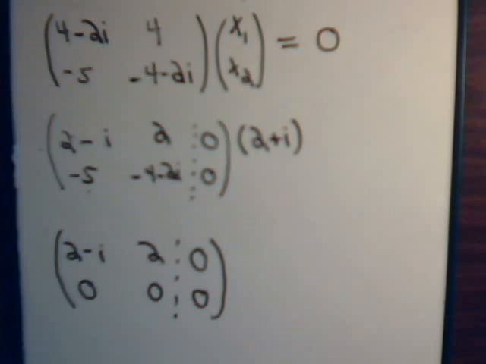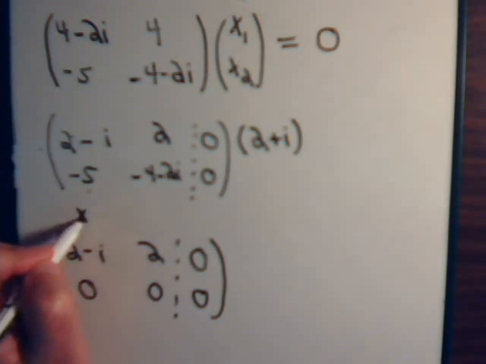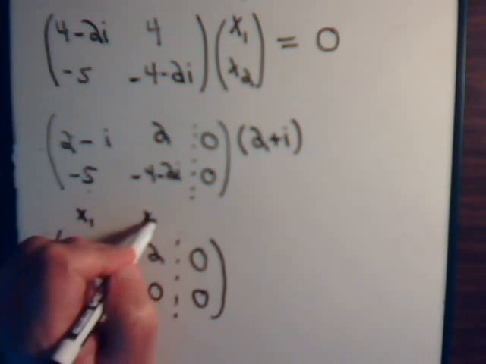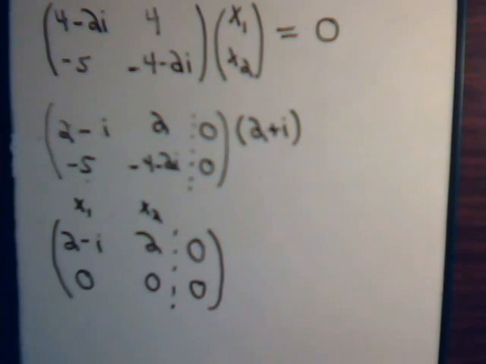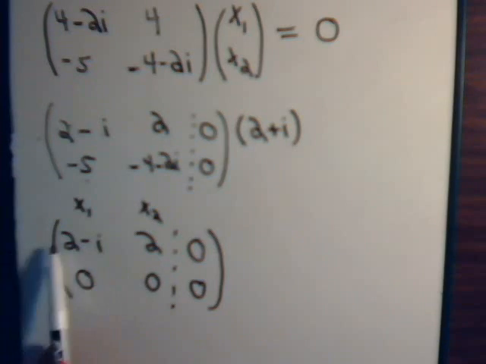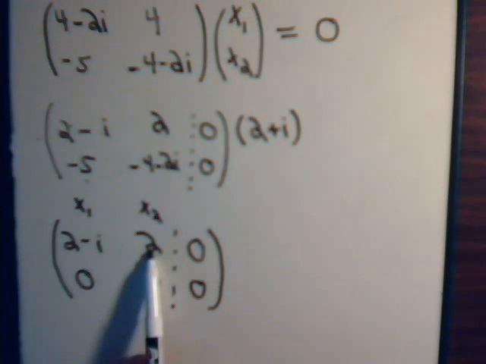And in the previous videos, we explained how lead variables and free variables work. This, of course, is the column for x1. This is the column for x2. So that's our lead variable. This is the free variable.